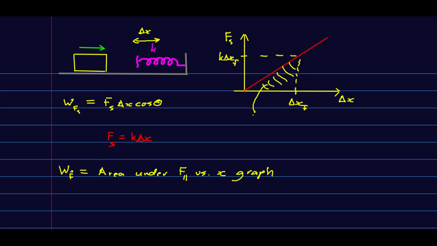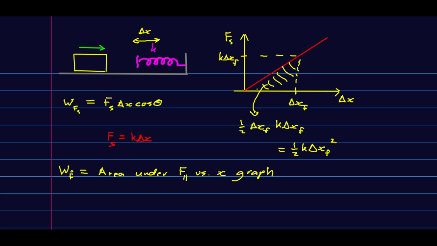And so this area is just going to be the area of a triangle, a half the base is just delta x_f, and the height is k delta x_f, and so this all comes out to a half k delta x_f squared. And that's exactly what we already know as a spring potential energy. And so you see it comes out of this more precise definition of a work as an area under a force versus position graph.